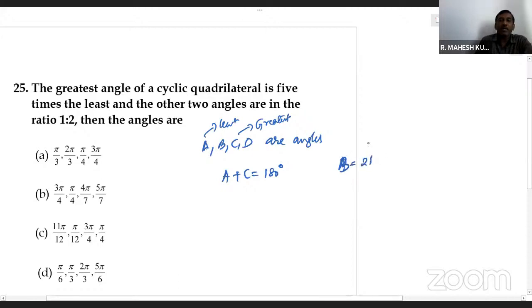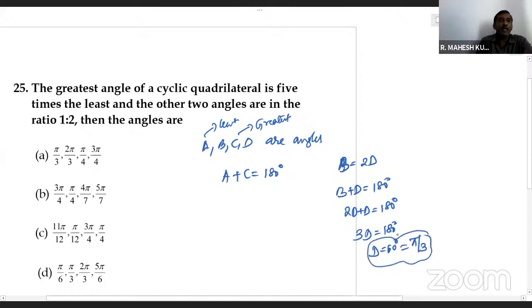So again, B plus D, opposite angles, is going to be 180 degrees. 2D plus D is 180 degrees. So 3D is 180 degrees. Angle D is going to be 60 degrees. 60 degrees in radians is pi by 3 radian.